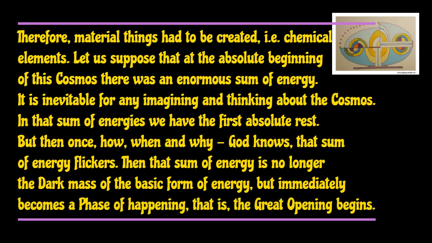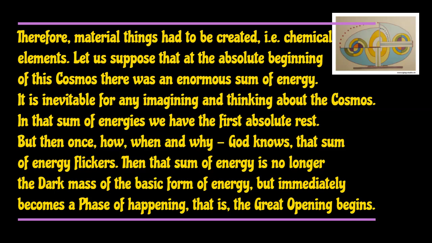chemical elements. Let us suppose that at the absolute beginning of this cosmos there was an enormous sum of energy. It is inevitable for any imagining and thinking about the cosmos. In that sum of energies we have the first absolute rest.